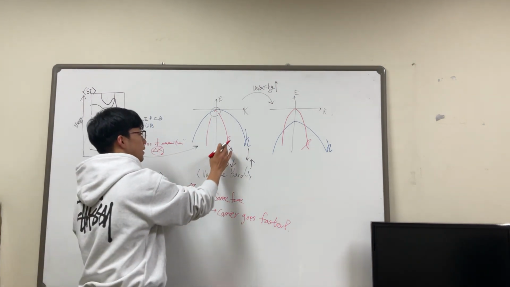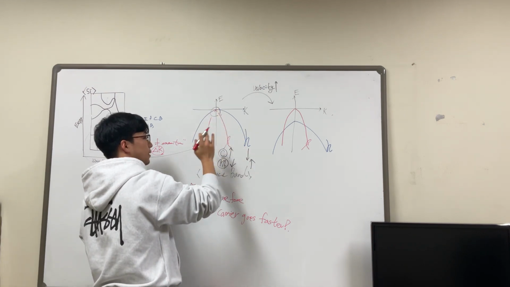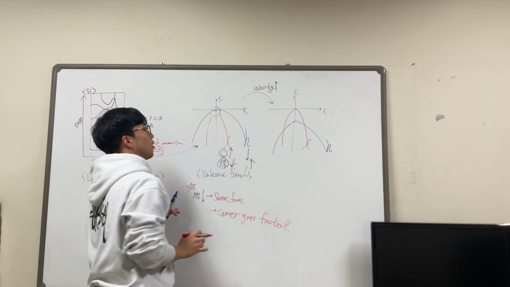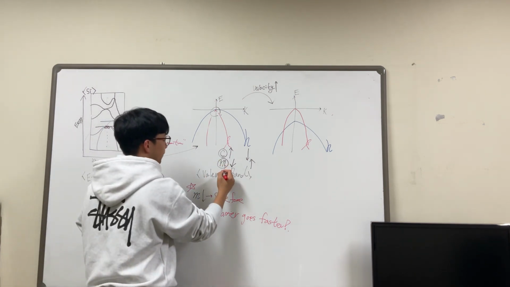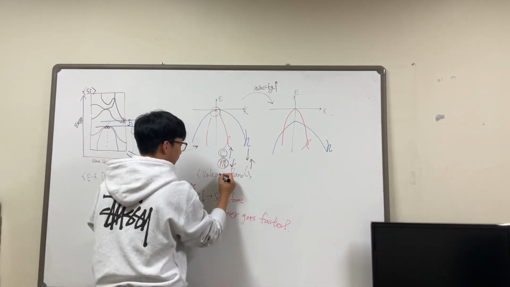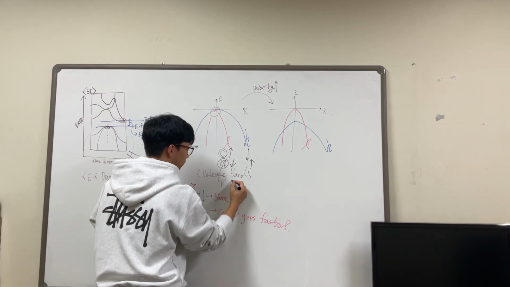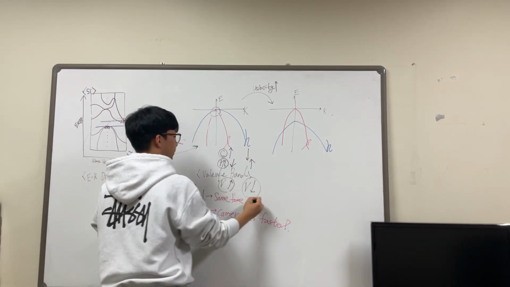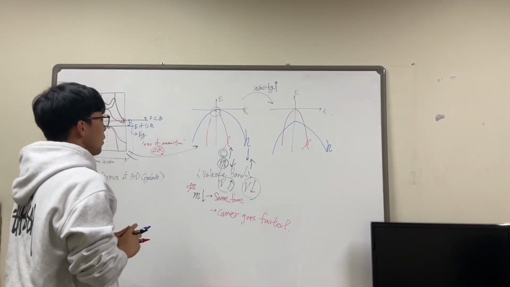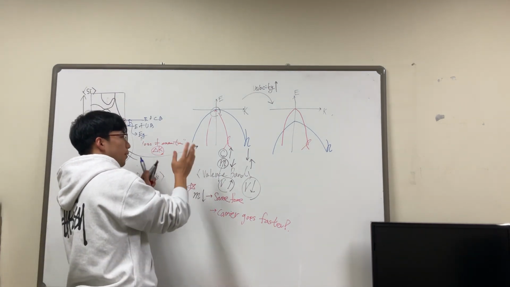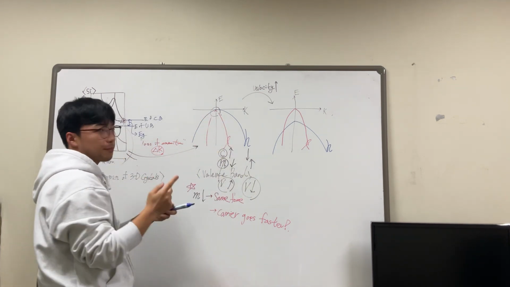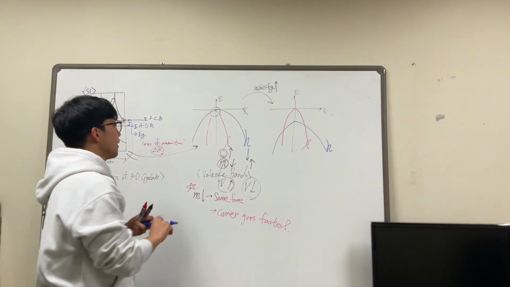So group L's electron velocity is faster than group H's. Velocity is faster, velocity is lower. Then we can know about the electron velocity of these two kinds of graphs.